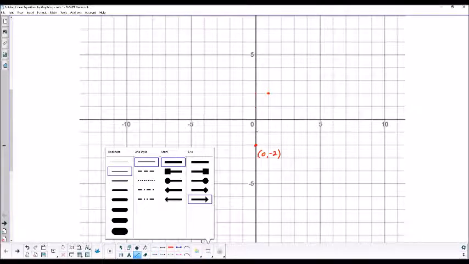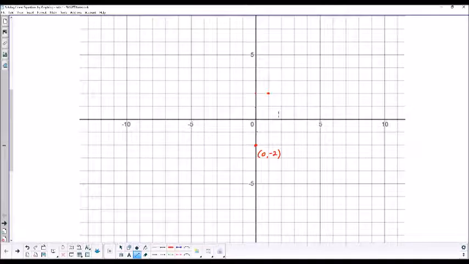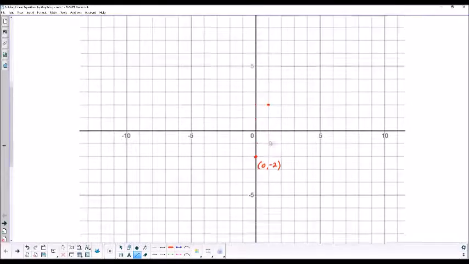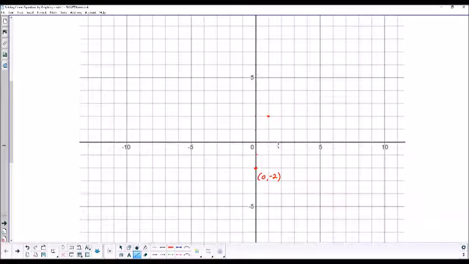Now I'm going to have to graph this in 2 parts, just the way my software works here. I'm going to start from the y-intercept and go up through that next point that we found, and then come down in the opposite direction as well.